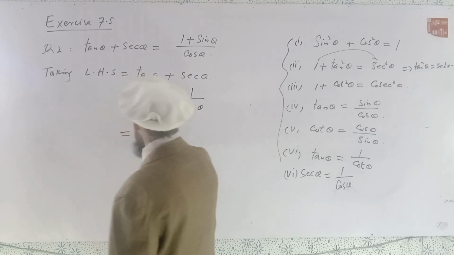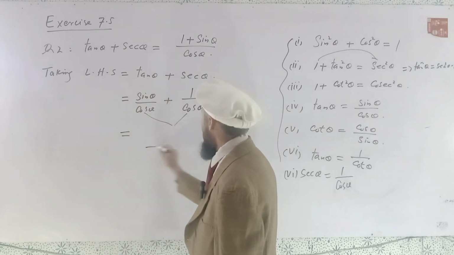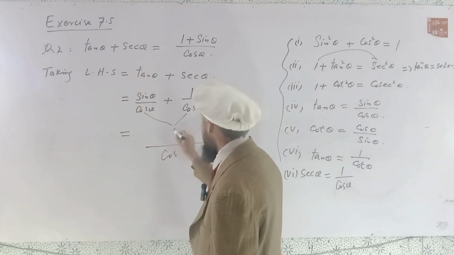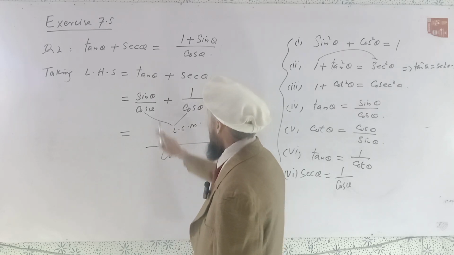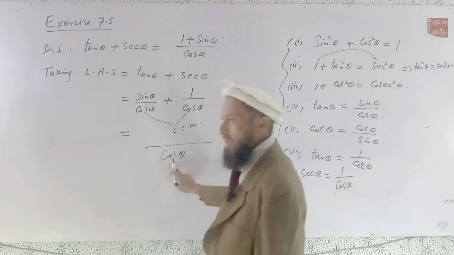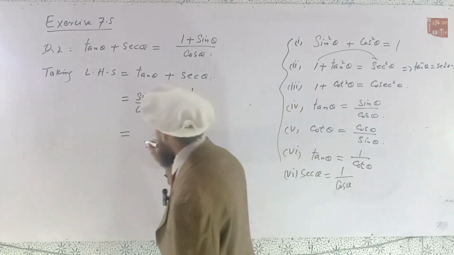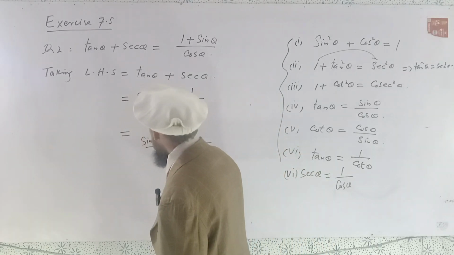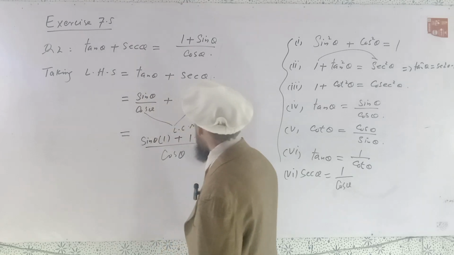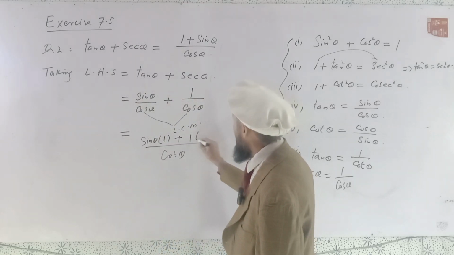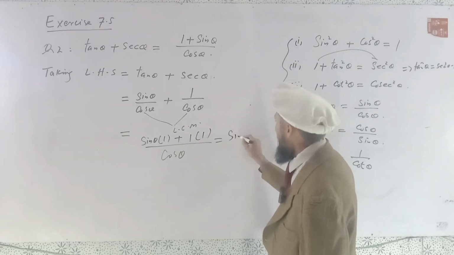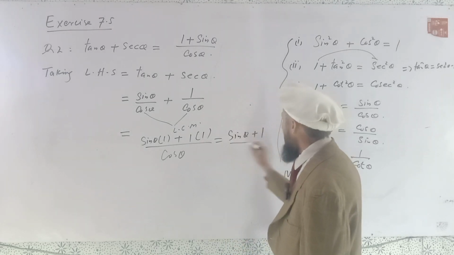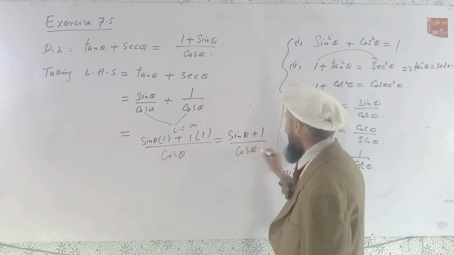Now taking LCM. LCM is cos theta. Cos theta divided by cos theta, we get 1; sin theta into 1 plus 1 over cos theta into 1. So we get the answer sin theta plus 1 divided by cos theta.